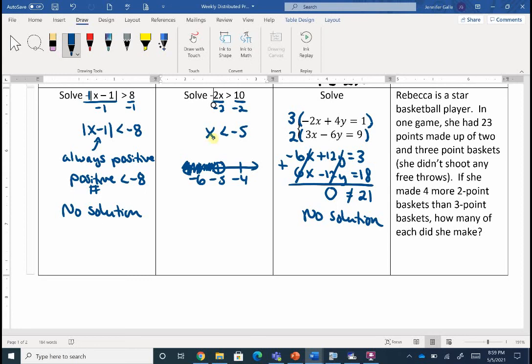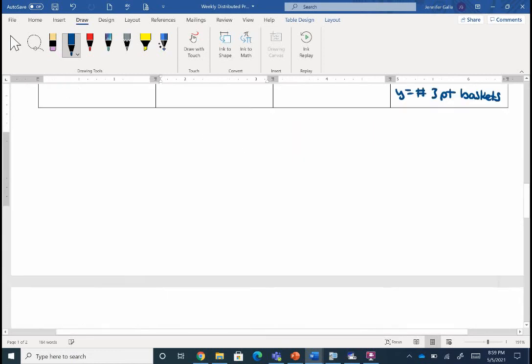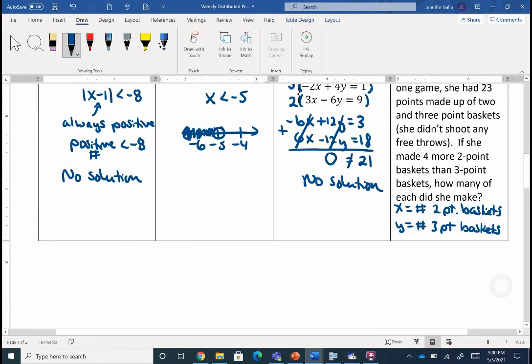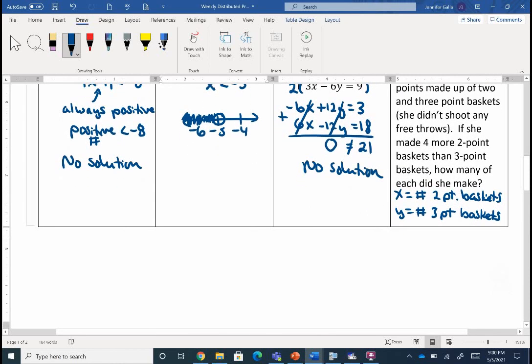So I'm going to let x be the number of 2-point baskets. And I'm going to let y equal the number of 3-point baskets. So now what we have, she had 23 points made up of 2-point and 3-point baskets.